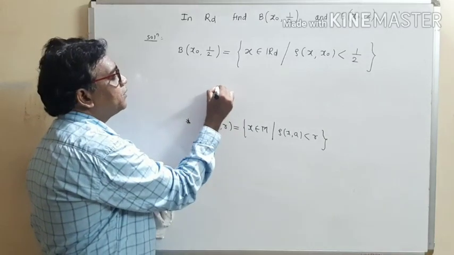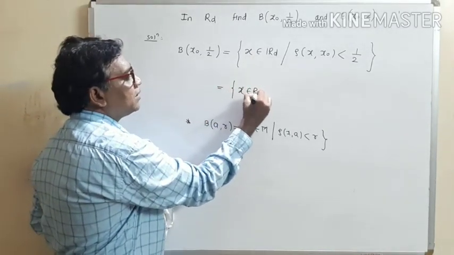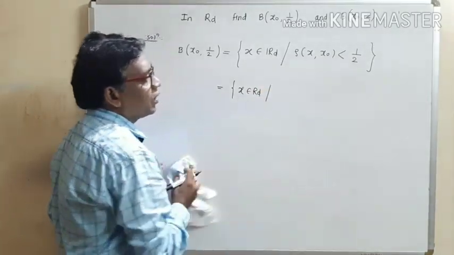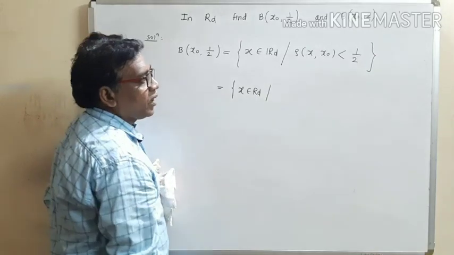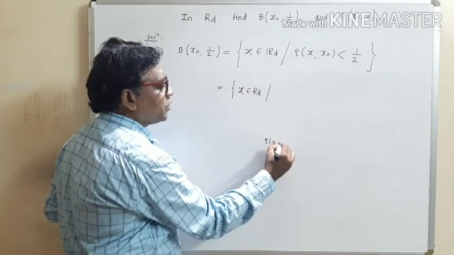So find those elements in the metric space RD such that, now see, in a discrete metric space we have just two values.